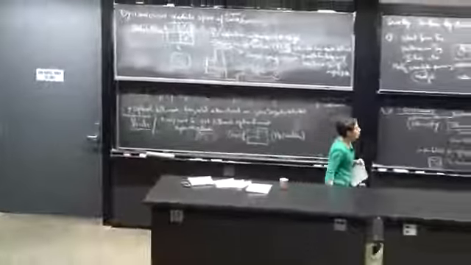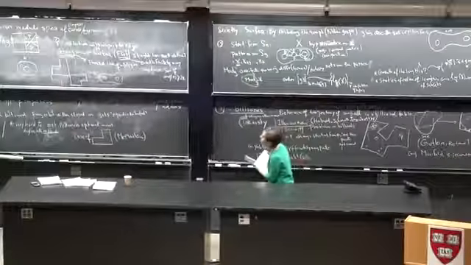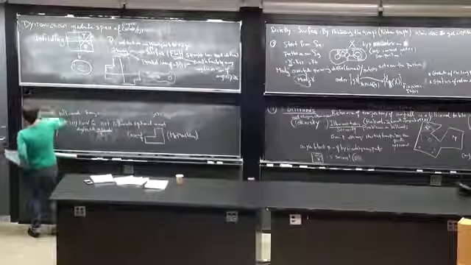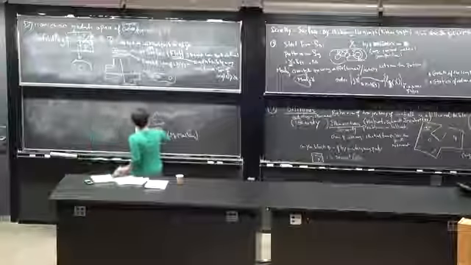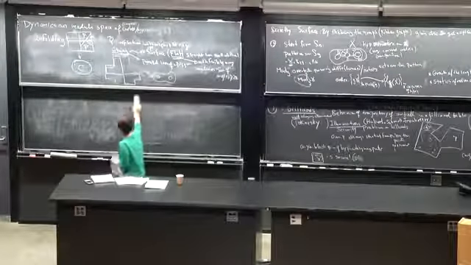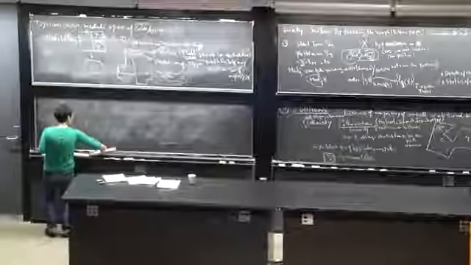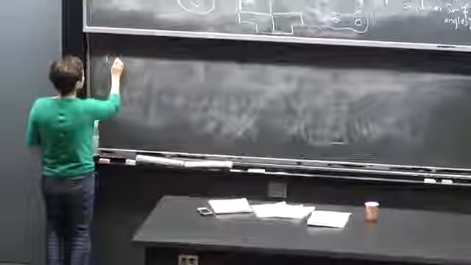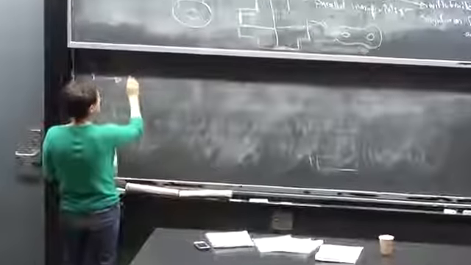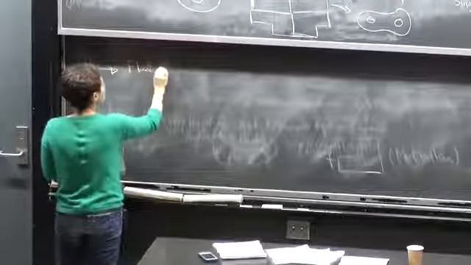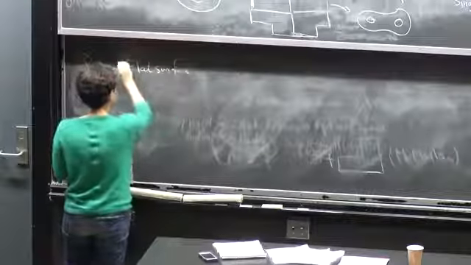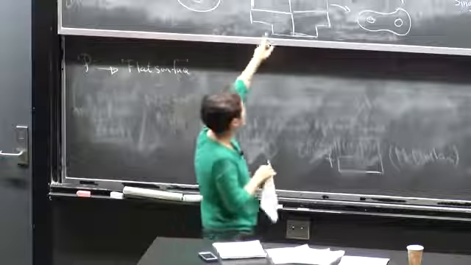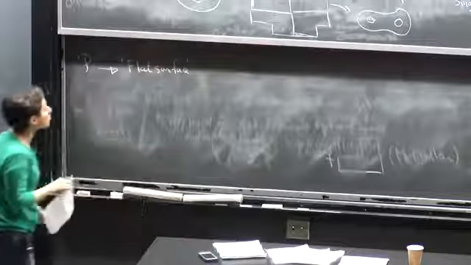So given a billiard P, you do get a flat surface. But this flat surface has a lot of structure. Think about the torus case, or the simple case of this L-shaped billiard.